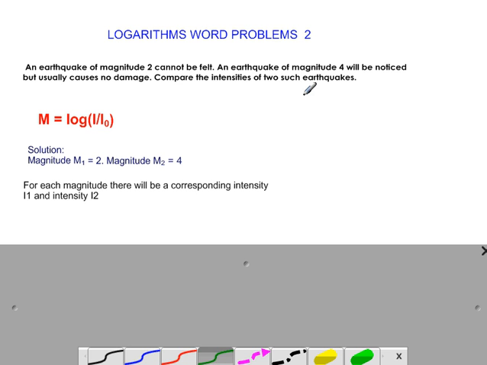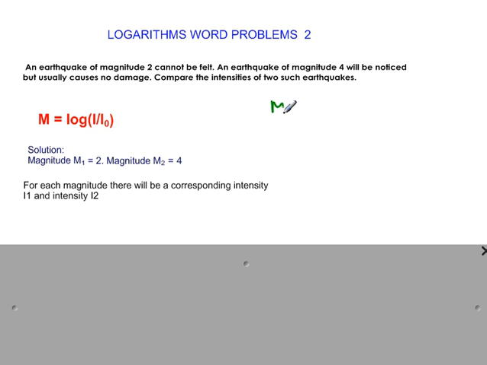So M1 is log to base 10 of I1 divided by I0. And the second equation, M2, will be defined as log of I2 divided by I0. Please note that this quotient goes inside the logarithm.